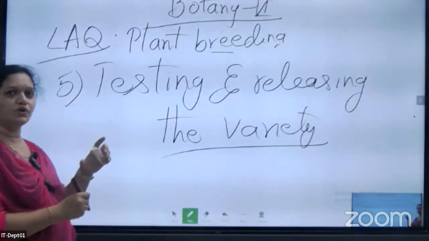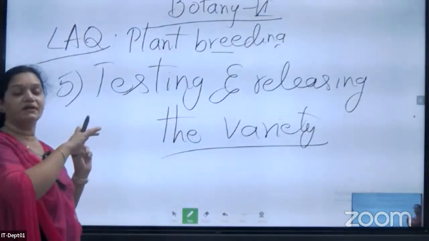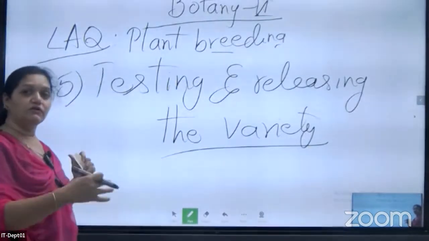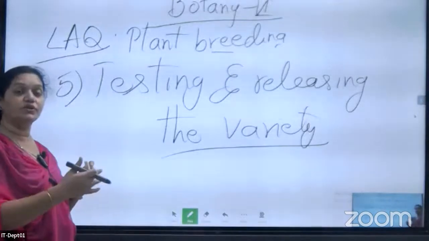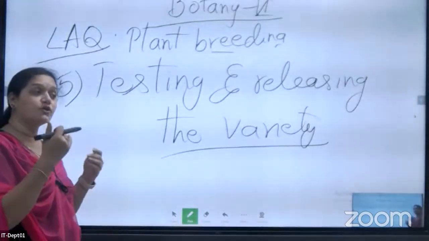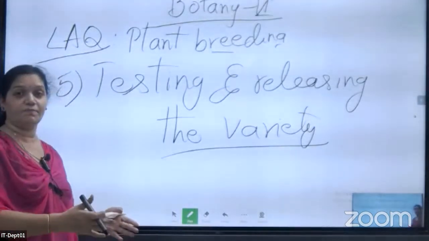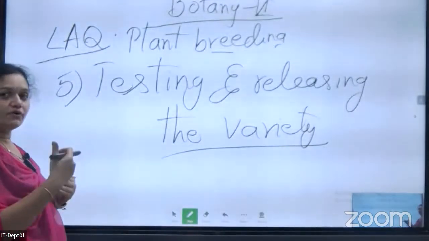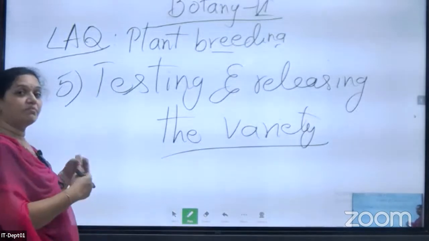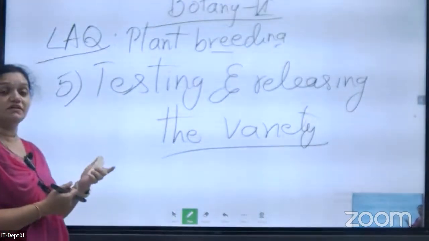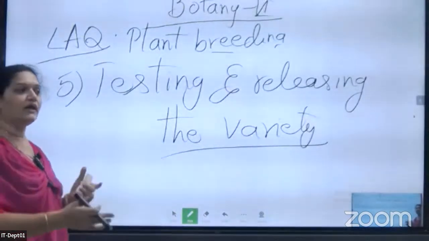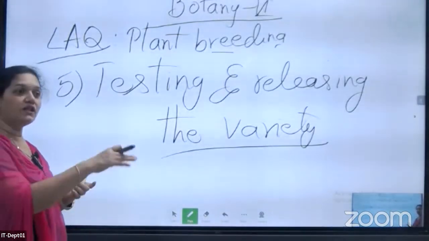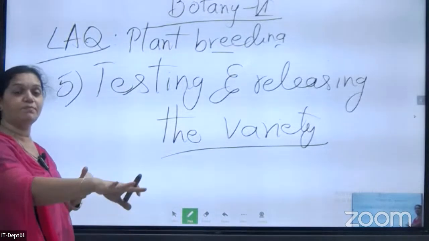Once we have grown the variety of the hybrid plants for 6 to 7 generations, till what time do we have to grow them? Till the desired qualities have occurred in the plant body, we have to grow them and take out the seeds, and that much we are testing. That means we are regrowing and confirming by testing that all the good qualities are there in the plant body.